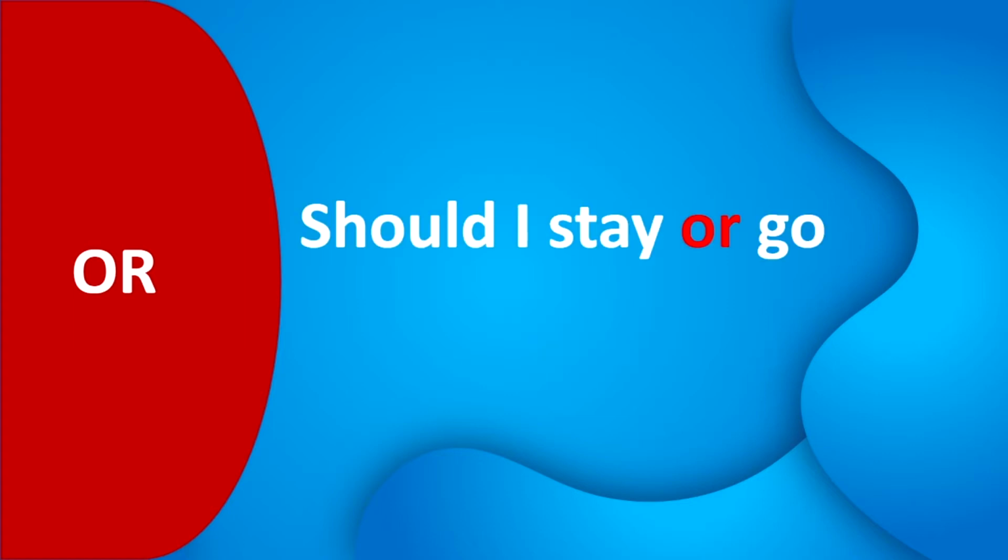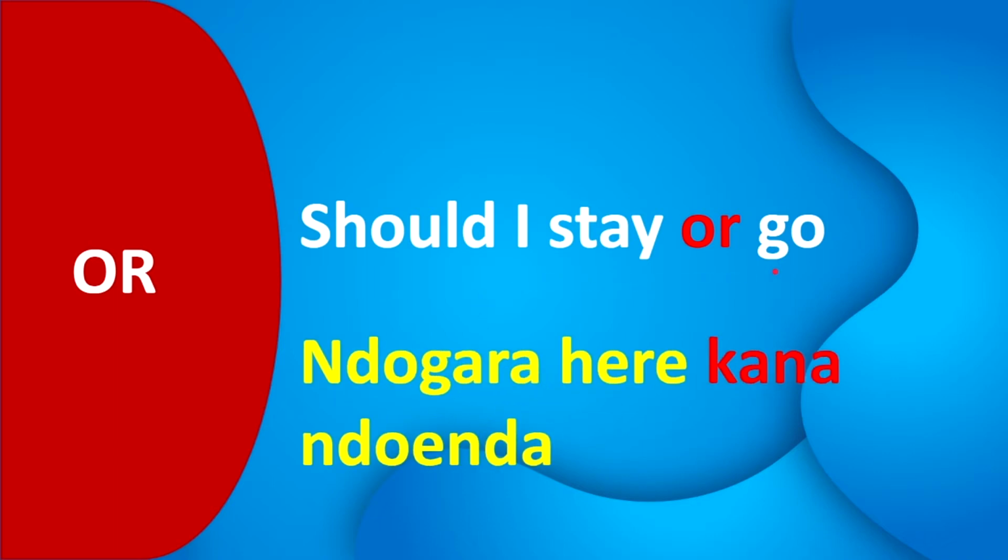The first example: should I stay or go? In Shona, this becomes ndogara here kana ndoenda. Should I stay? Ndogara here.